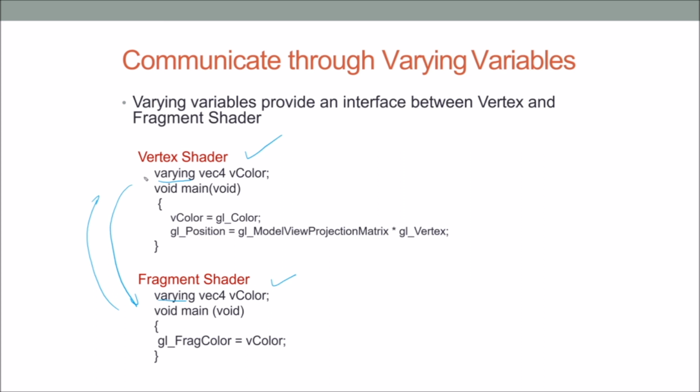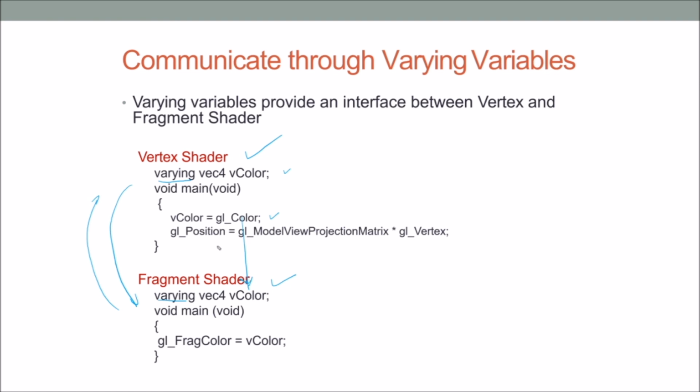So in that way, the varying color takes GL underscore color here, and that will take care of the color part, and then you can pass that directly to the fragment shader, right?